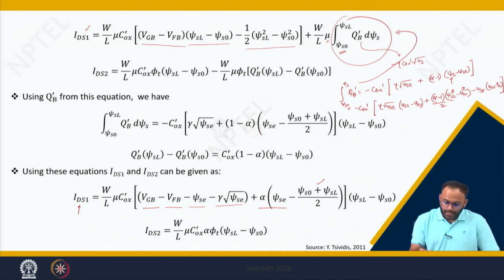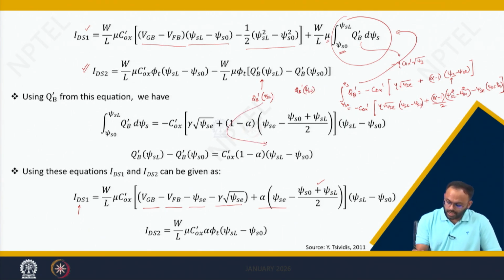In a similar way, if we see the equation of IDS2, then in IDS2 we do have a function which is QB dash for psi SL and QB dash for psi S0. So, QB dash for psi SL can be written as minus Cox dash into gamma times psi SE plus alpha minus 1 into psi SL minus psi SE.